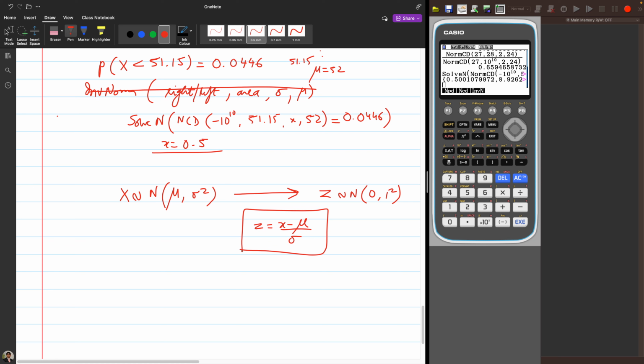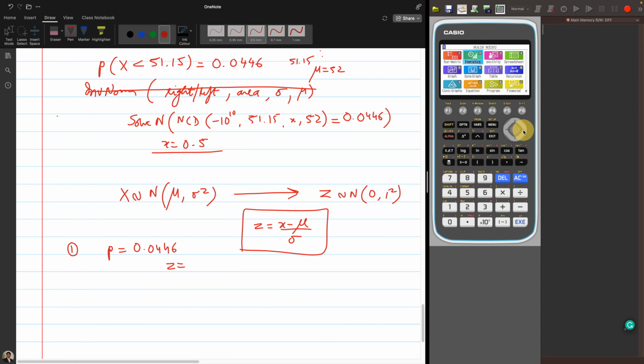If I have to do this, the first step is, you know that the probability remains the same when you scale. When the probability is 0.0446, that's in the question, I'll find the z value. So let's see whether your answers are tallying.